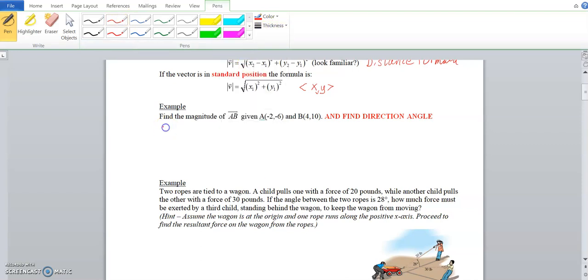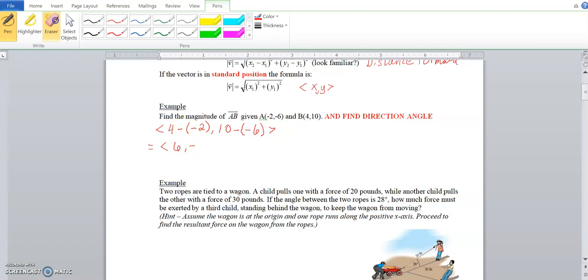Component form is 4 minus negative 2, and 10 minus negative 6, which just equals 6, 16.